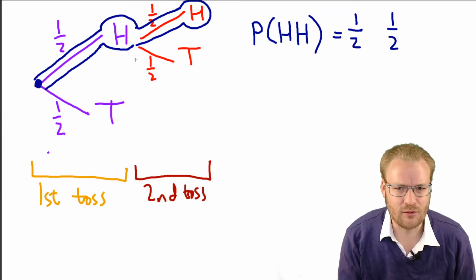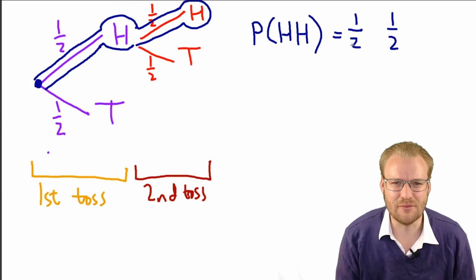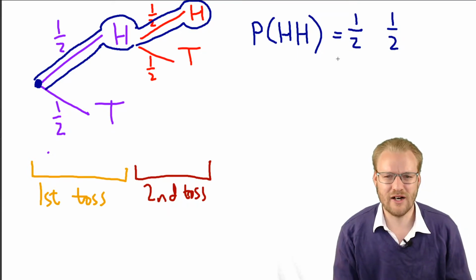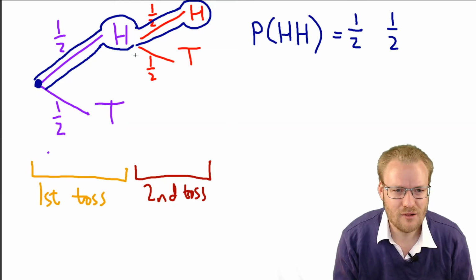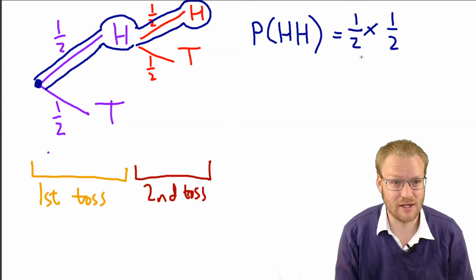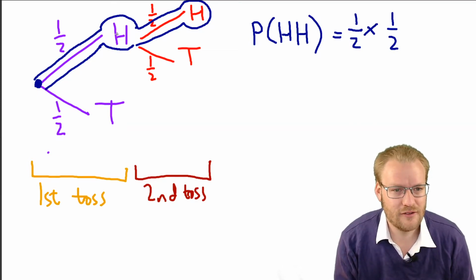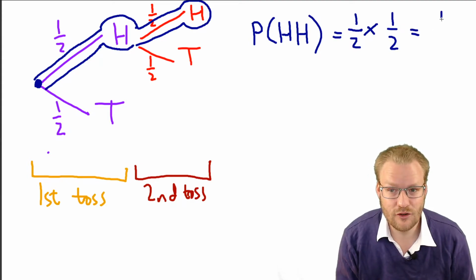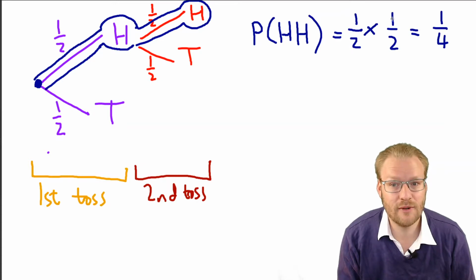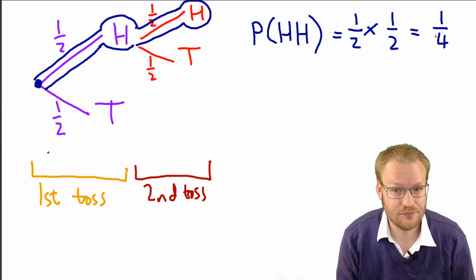So let's see, what do we do with these? Do we add them? Do we subtract them, divide them, multiply them, square them? Well, I'm just telling you at this stage that we multiply them. We've got a half to get to that point, and we multiply by a half to get to that point. So therefore, the probability of tossing a head followed by another head is a quarter.